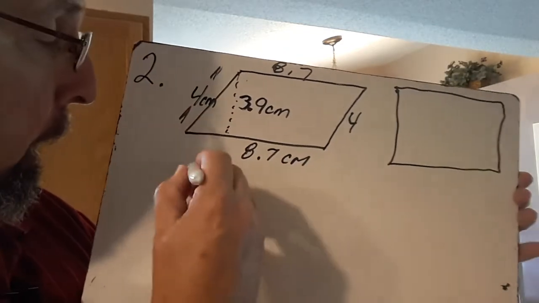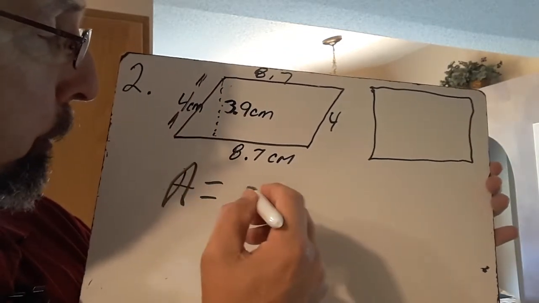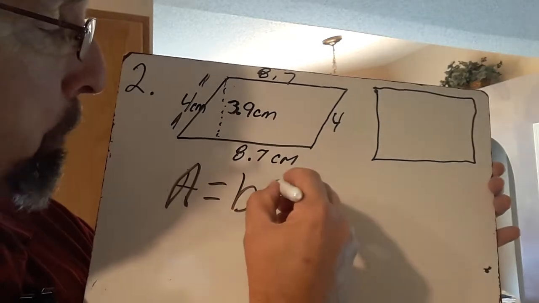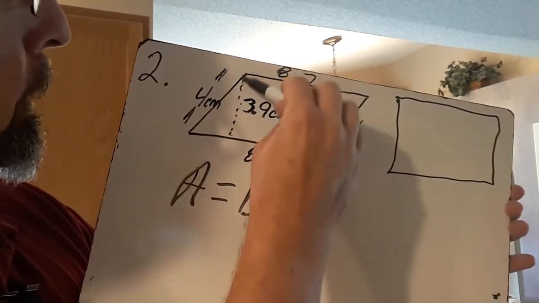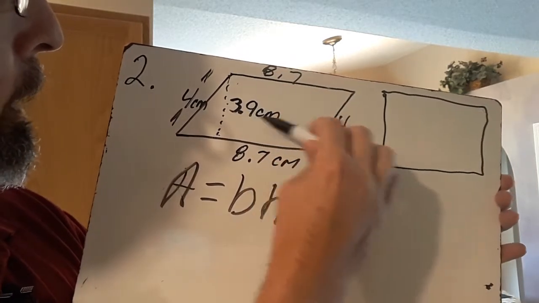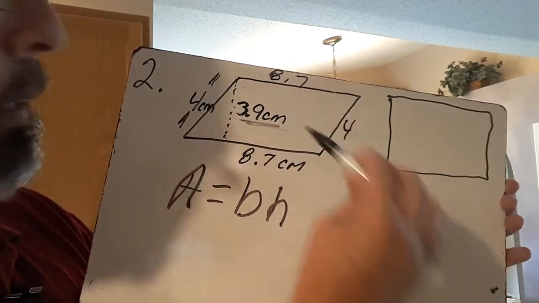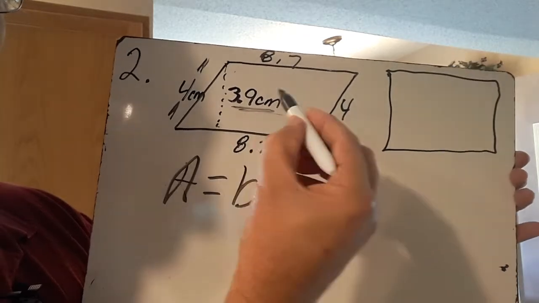Area equals base times height, they call it. Because you got to be careful. This is not the height. They're going to have to give you a dotted line in here and give you the height. That's what you use for the area.